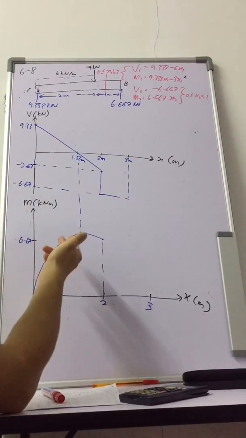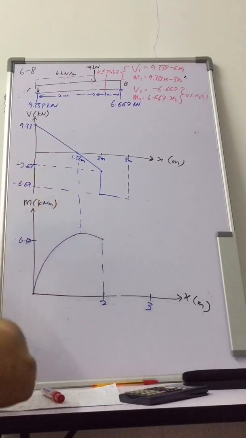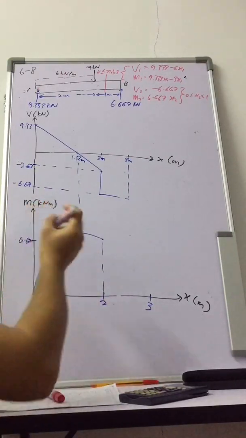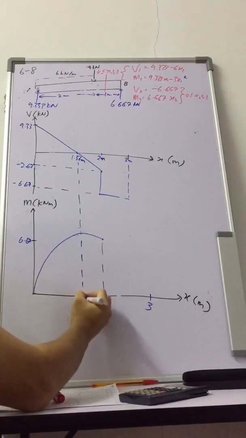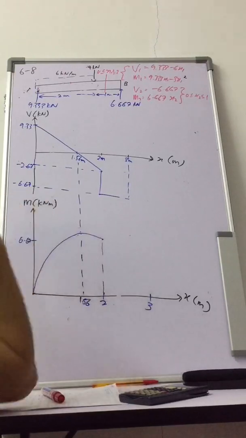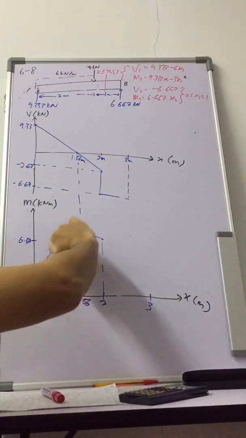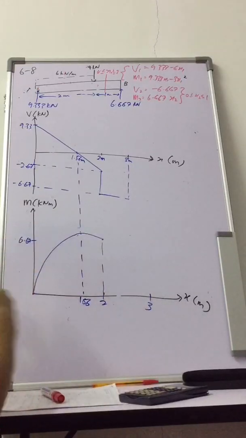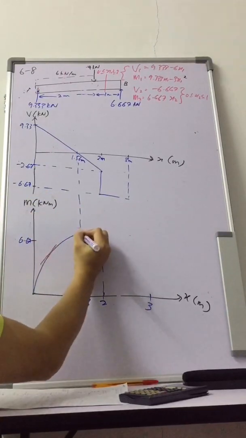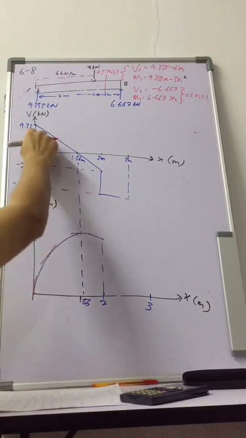So what does it mean for M? The slope of M between 0 to 1.56 will be positive, right? See, positive slopes. This is slope equals 0, and this is the maximum slope of 9.33.